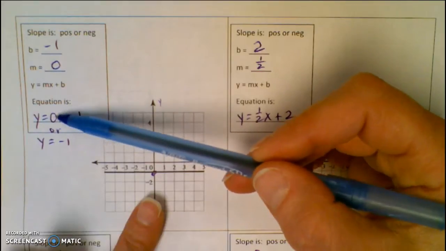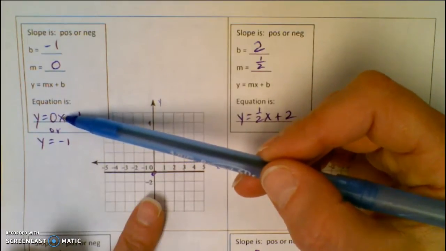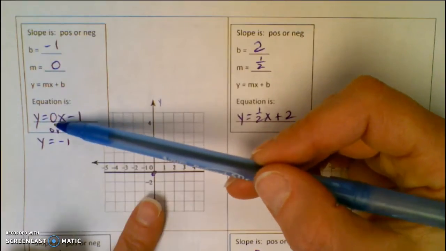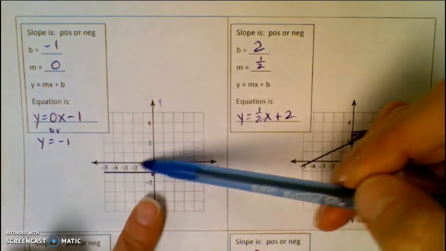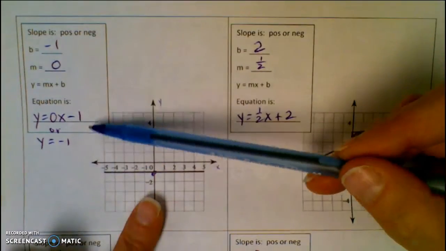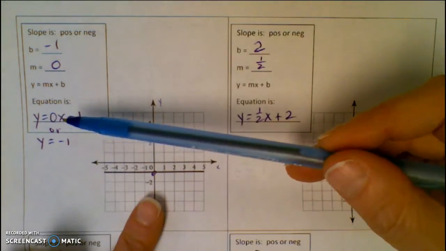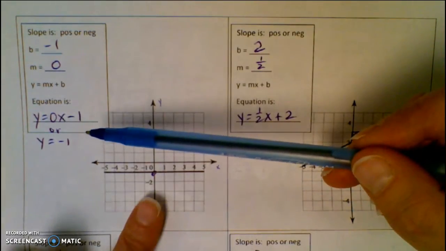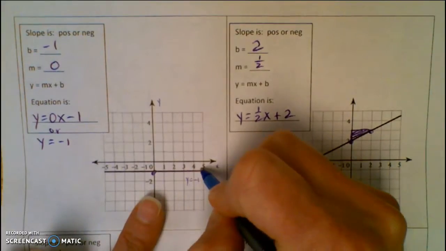The thing with 0 in this case, being that 0 is your slope, 0 times x is really going to have a value of 0. 0 minus 1 is -1. So typically this type of line you're going to see called y equals -1. You're not going to see it reported as y equals 0x minus 1. You're going to see y equals -1.